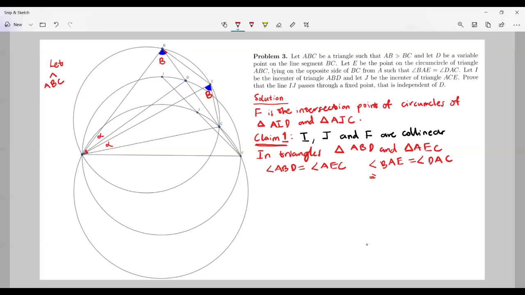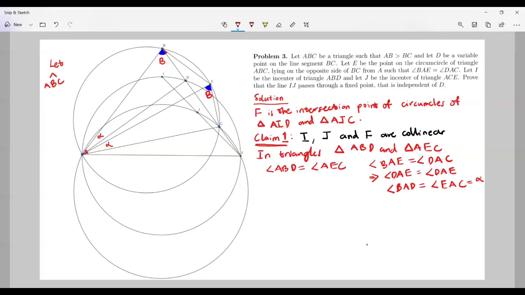So when we subtract angle DAE from both sides, we have that the angle BAD is equal to the angle EAC, which I've already denoted as alpha by the addition of the points.